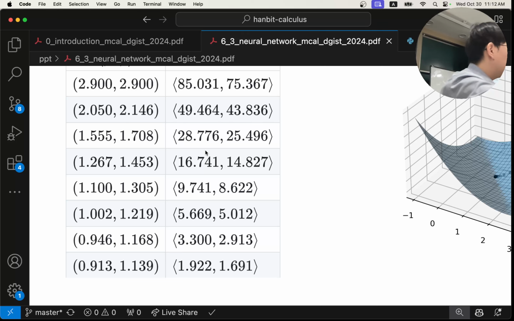The reason your gradient becomes smaller and smaller is that once you get to the minimum point, the gradient becomes the zero vector. Think about the meaning of the gradient. I said the gradient gives you the direction in which you can change the value of the function in the fastest way.